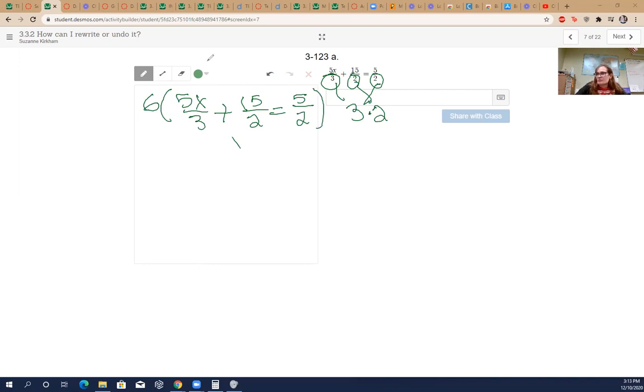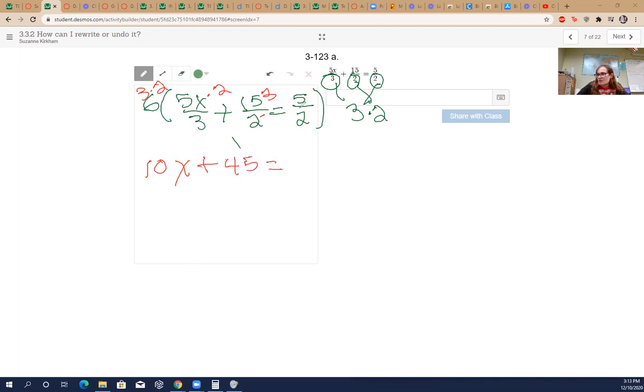All right. 6 times 5x over 3. You can also think of it as 3 times 2, if that helps you. So we've got 3 on the bottom, that means we don't have anything for the 2, so we multiply that by 2. 5x times 2 is 10x. And this bottom one right here, we multiply by 3 because we've got the 2 there, but we don't have the 3. So 15 times 3 is 45.